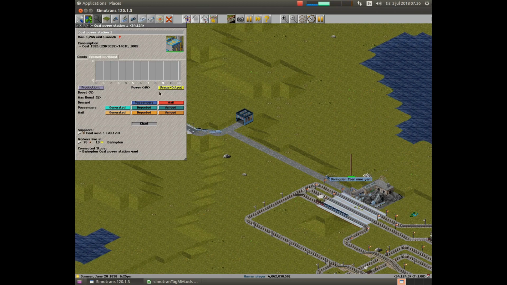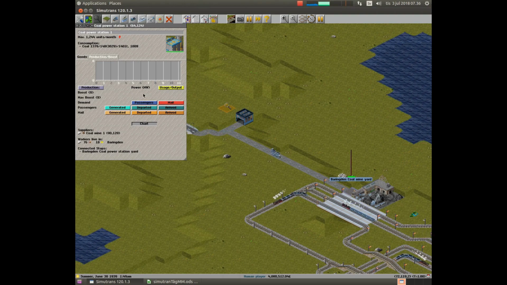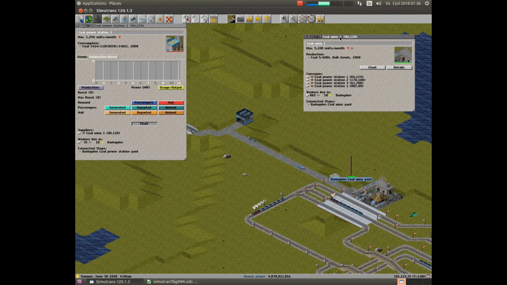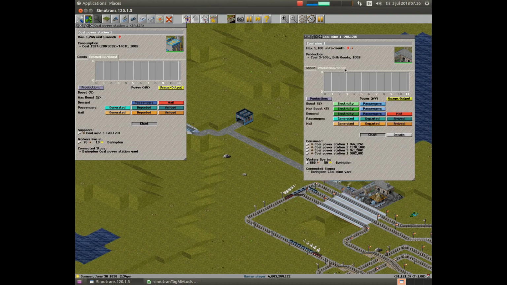Power plants are not boosted by anything. Mines, however, are boosted by electricity and passengers. That is what this little symbol means. And we can see down here how much we actually get.